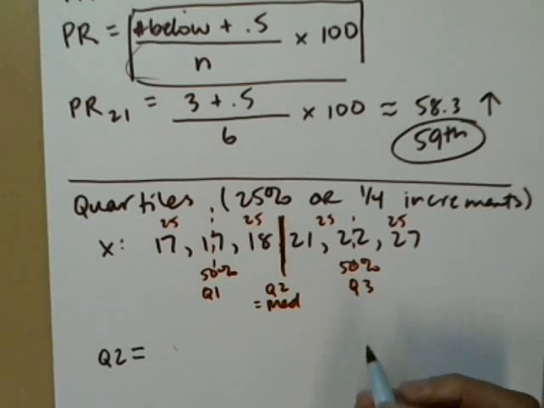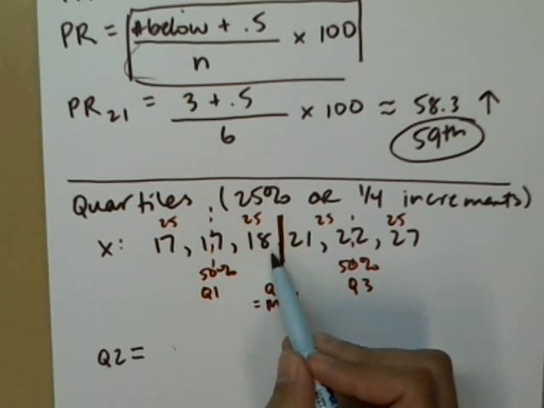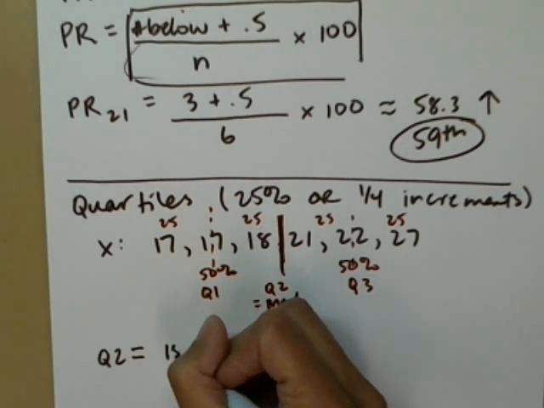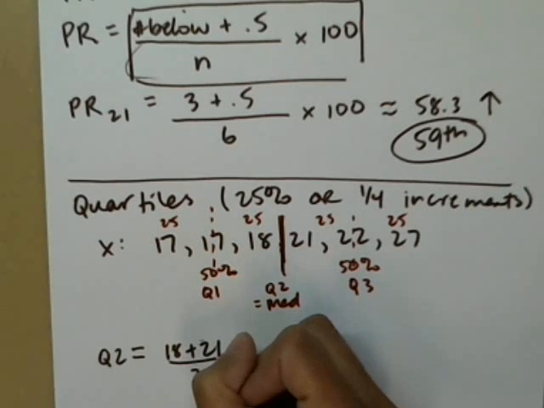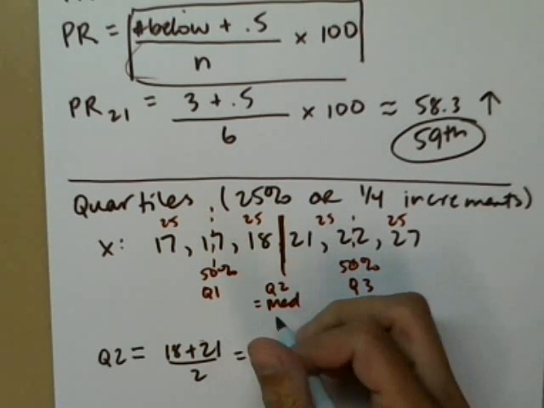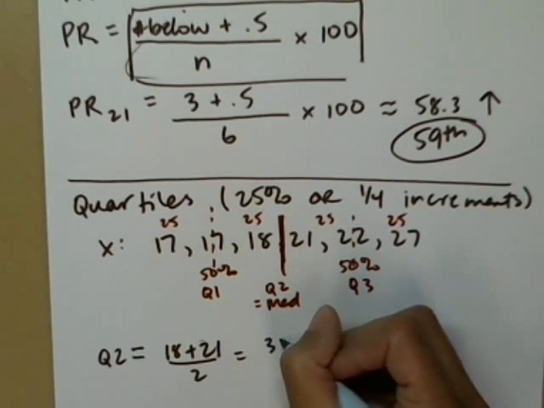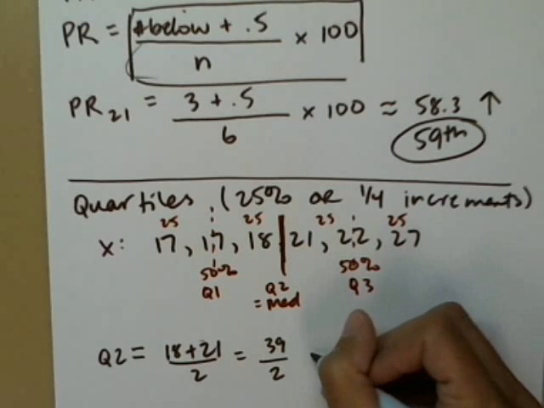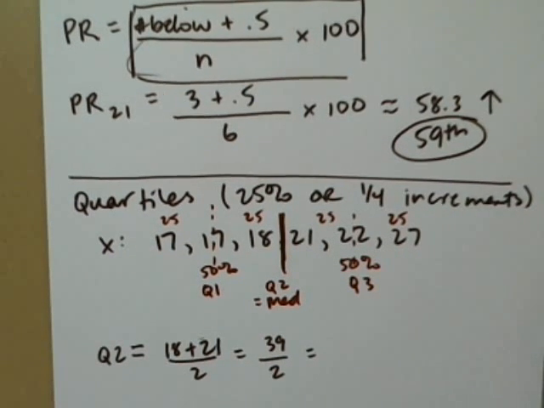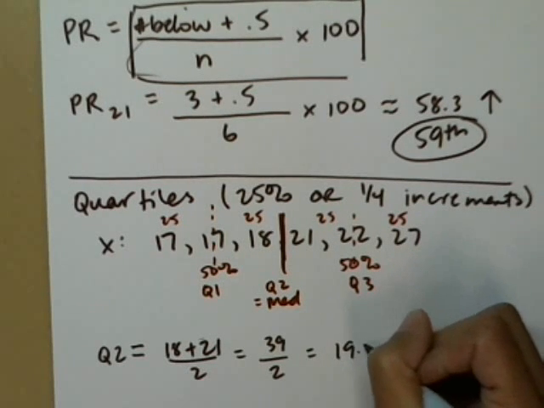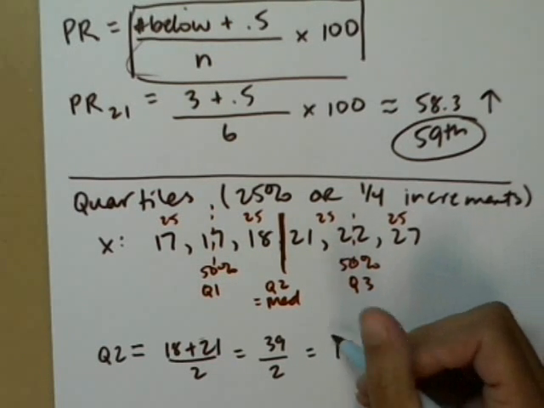So to figure out quartile 2, I want to figure out what's halfway between those two. So I'll do 18 plus 21 divided by 2. So what is that? 39 divided by 2 is 19.5. I don't round these.